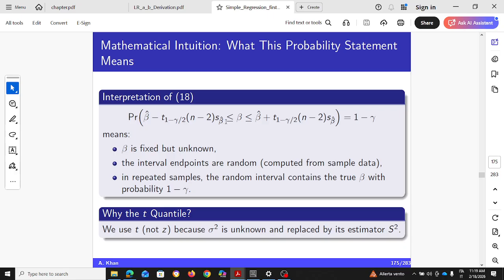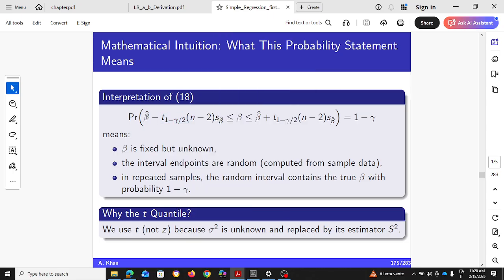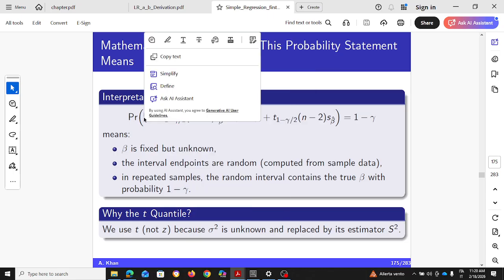Are you with me? Tell me. So now we are building this confidence interval. For this we need the values of this term and this term. We are building it now. Is it clear?